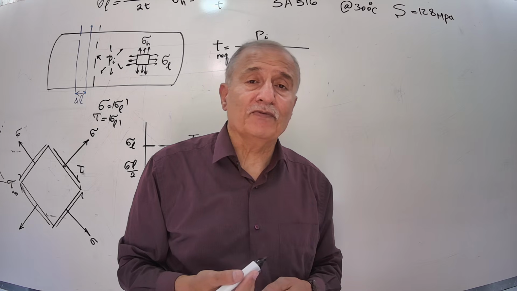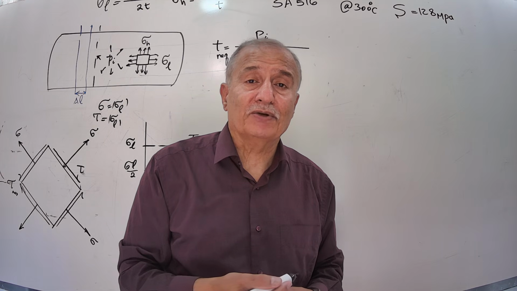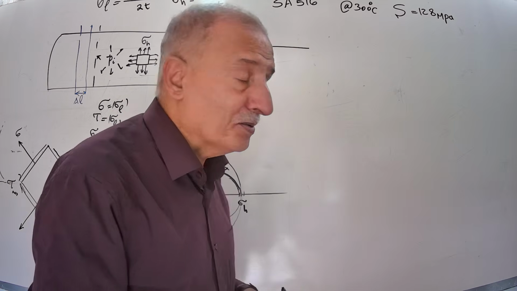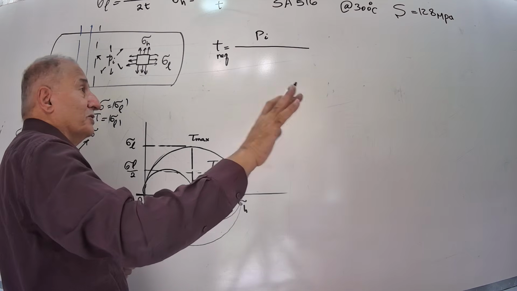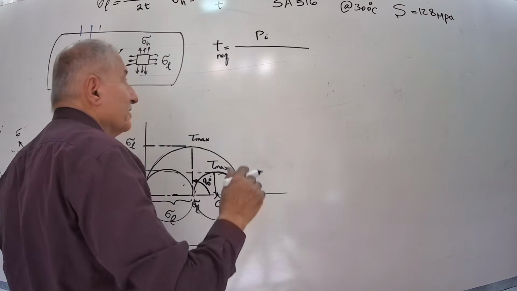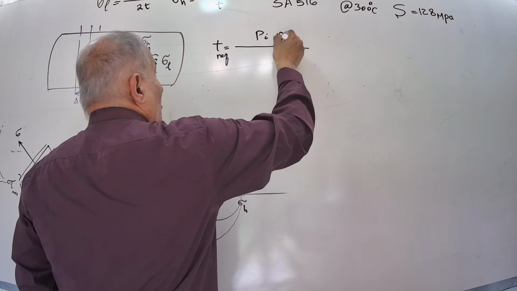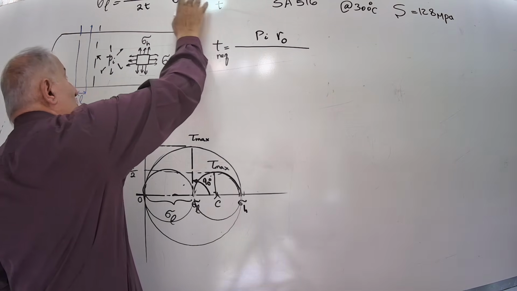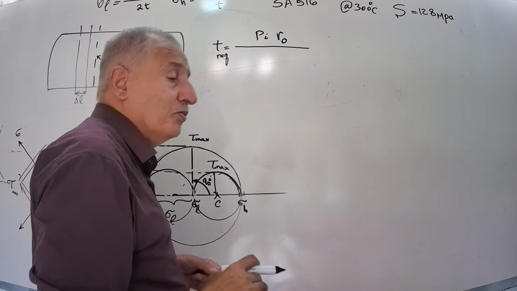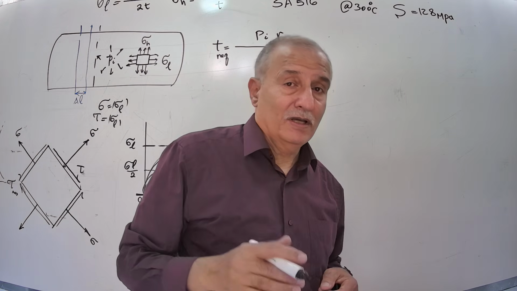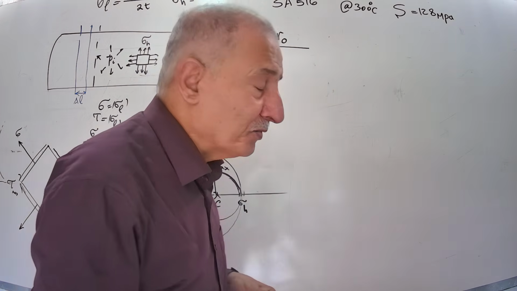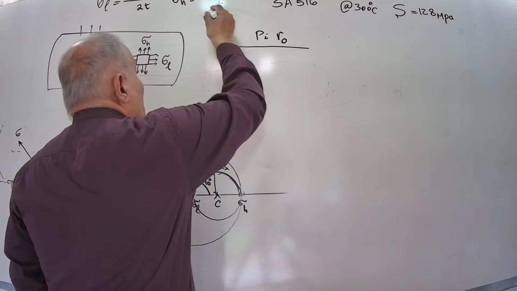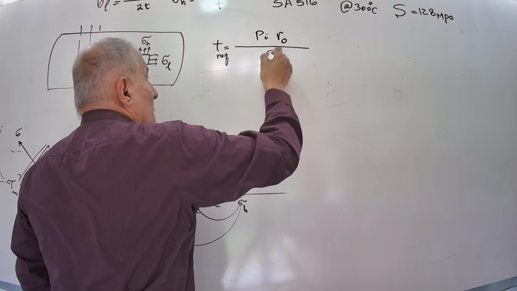The difference between calculating based on outside radius and mean radius is less than 5%, which doesn't matter. We stay on the conservative side of the design. Why do I consider this formula instead of this? Because hoop stress in cylindrical pressure vessels governs the design, based on sigma hoop.